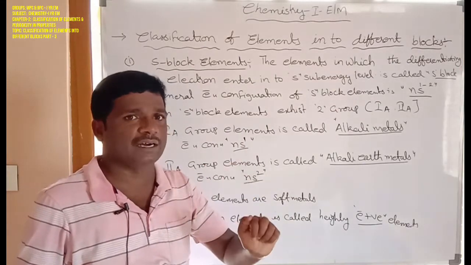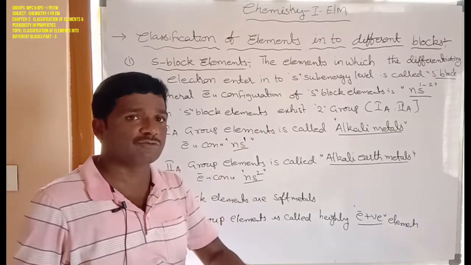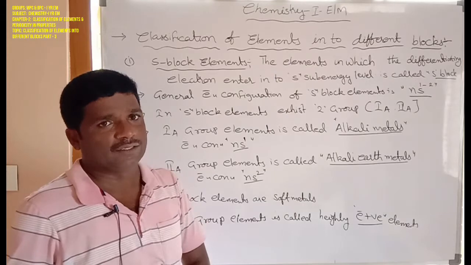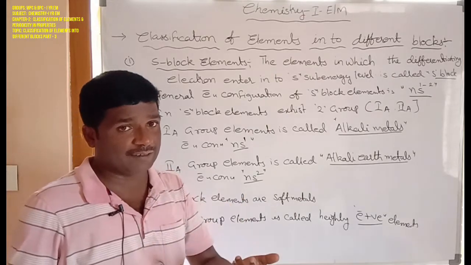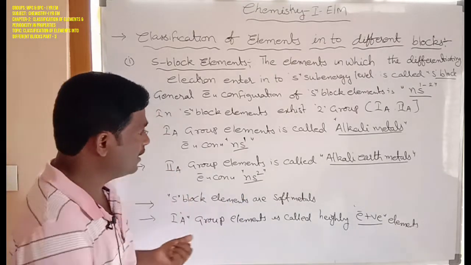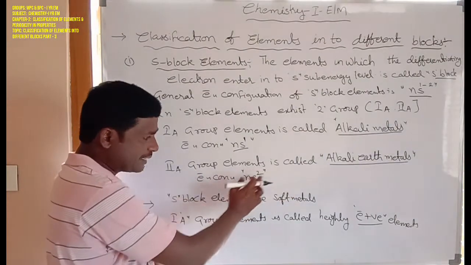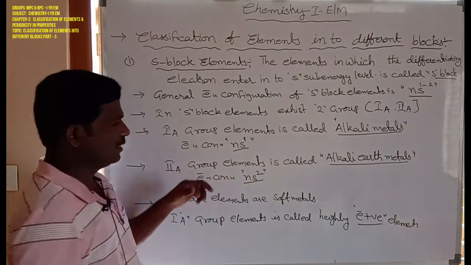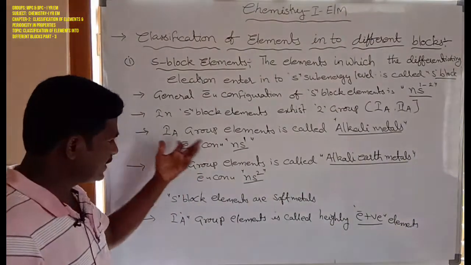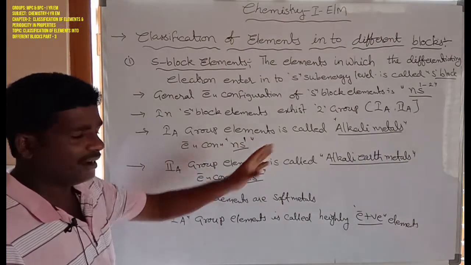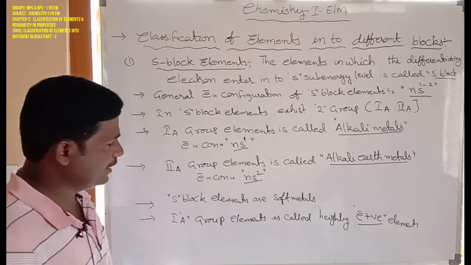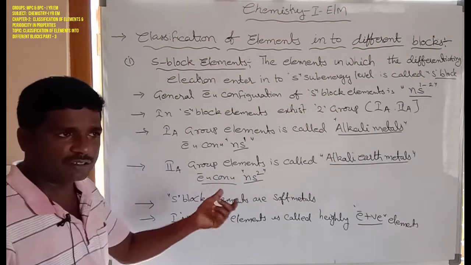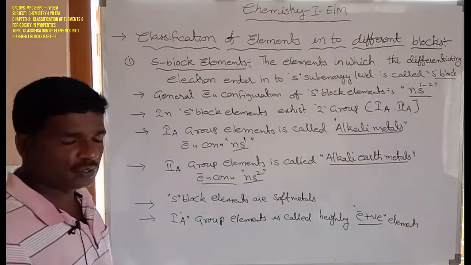The S block elements consist of two groups, Roman number first A and Roman number second A. The first A group elements are also called alkali metals, with electron configuration ns1. The second A group elements are also called alkaline earth metals, with electron configuration ns2, as the outermost S orbital has 2 valency electrons.